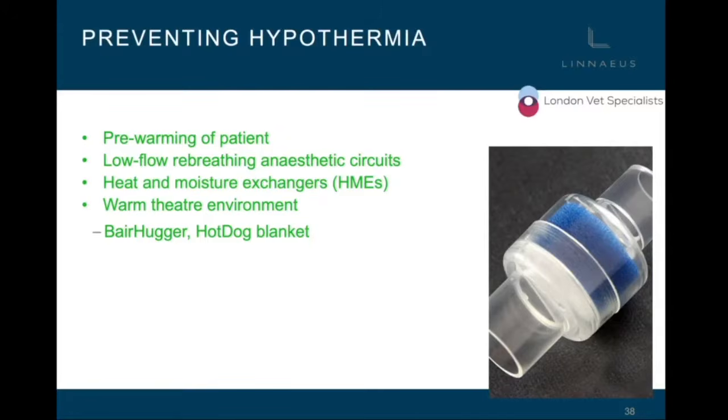So if you can keep the theatre warmer, the actual structure of the theatre becomes warm and may reduce radiative heat loss. Additionally, in theatre, we may hopefully have the privilege to use forced warm air blankets, such as the Bair Hugger, so they push warm air around the patient to try and reduce the incidence of hypothermia, or the heated mats that are more commonplace.